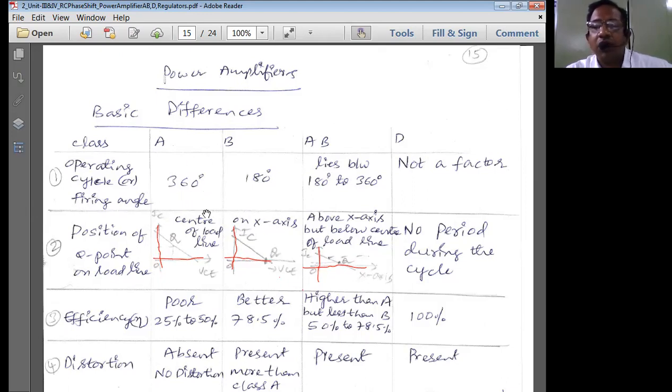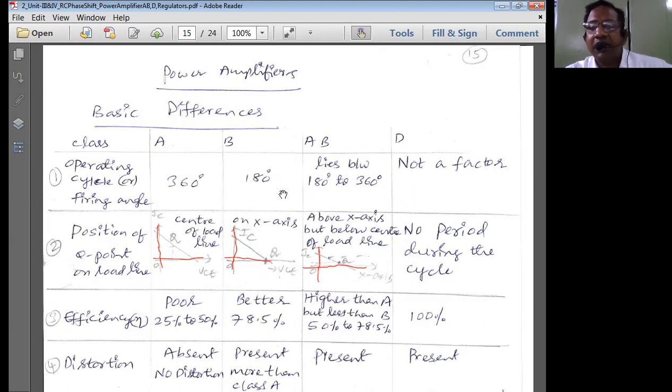So instead of saying all this, we simply say firing angle 360 degrees. Similarly, a firing angle of 180 means that the transistor used in the amplifier circuit allows only 0 to 180 degrees of the input phase. That is called a firing angle of 180 degrees.